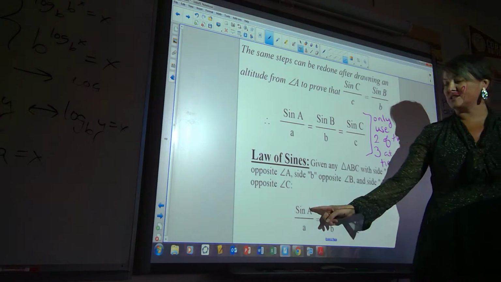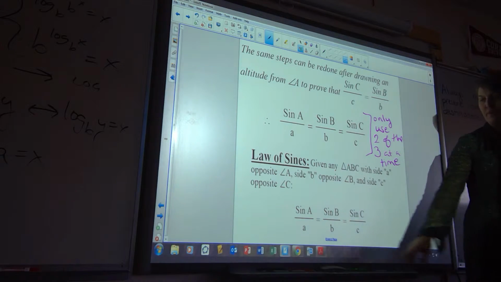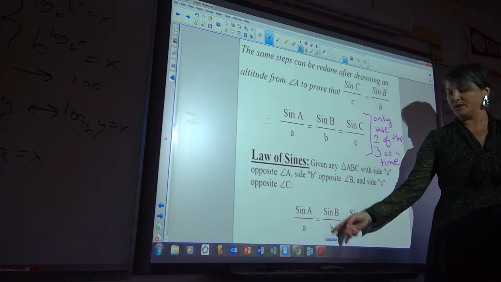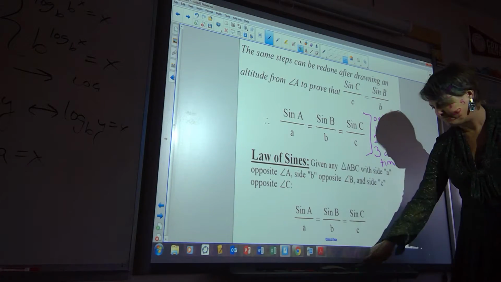If you have information about angle A, then you're probably going to use this ratio. If you have information about side length B, then you're going to use this one and this one, so it could be any two of those three.